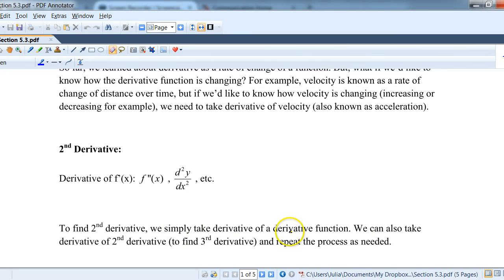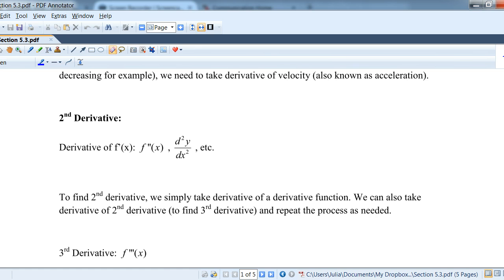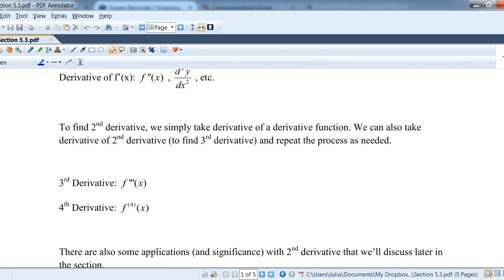So once again, I think I've already covered this. To find second derivative, we can find the derivative of derivative, and so on. And we can also find third derivative, which is f triple prime of x. We can actually keep going down. Fourth derivative, I think we stop using these kind of Roman numerals, and we can actually use the little 4 and 5 for the fifth, and so on.